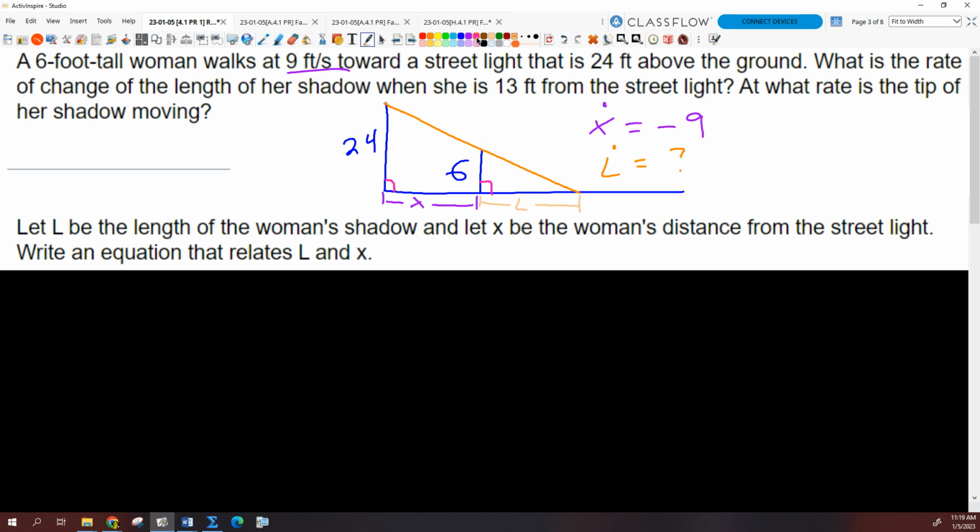I just need some equation that relates X and L, right? That's my parent equation. So what's that going to be? Similar triangles. You see that? There's a temptation sometimes for people to want to use the Pythagorean theorem. Everybody see why that's not going to work? Because we don't know anything about the hypotenuses, right? Okay. So we just want to use similar triangles.